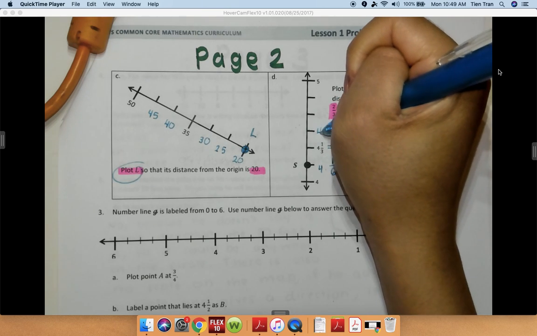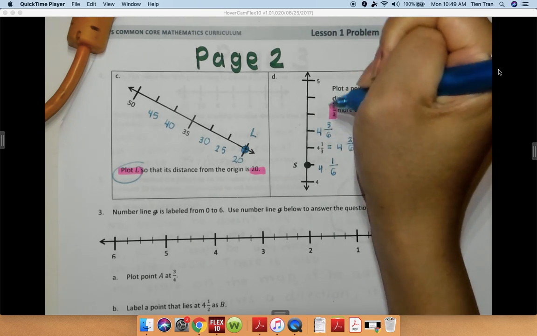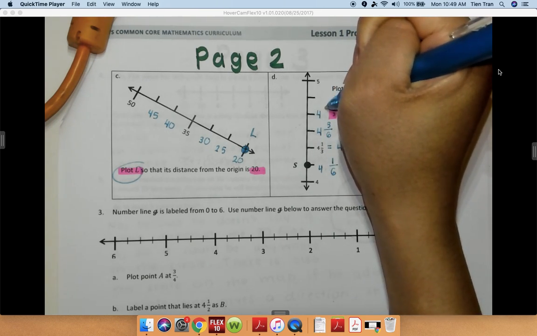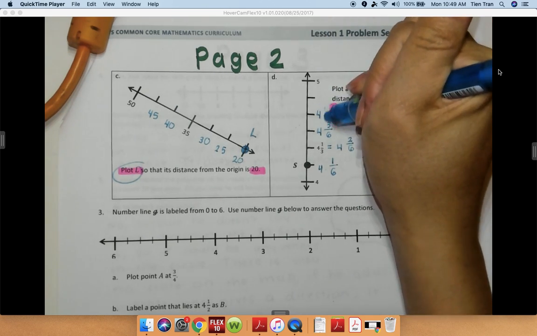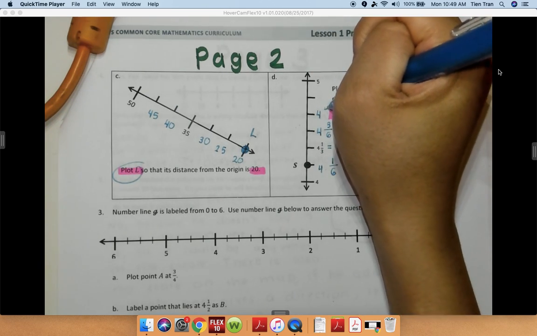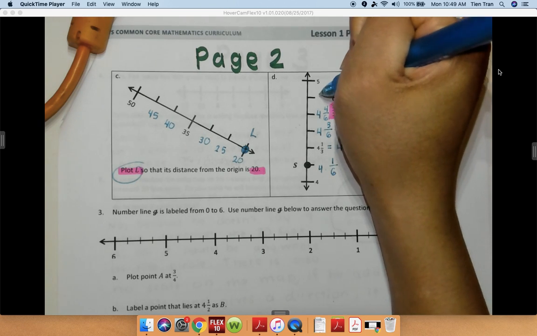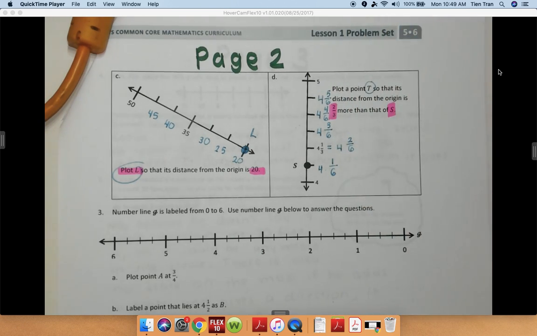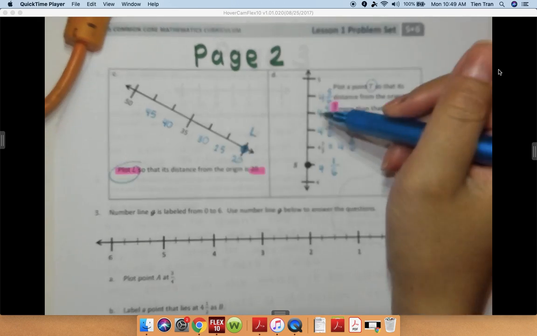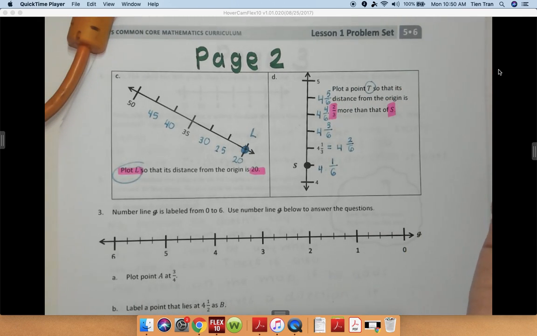The next one is 4 and 3/6. The next one is 4 and 4/6. And the next one is 4 and 5/6, and the last one is 4 and 6/6, which is 1, and that gives you 5, right?